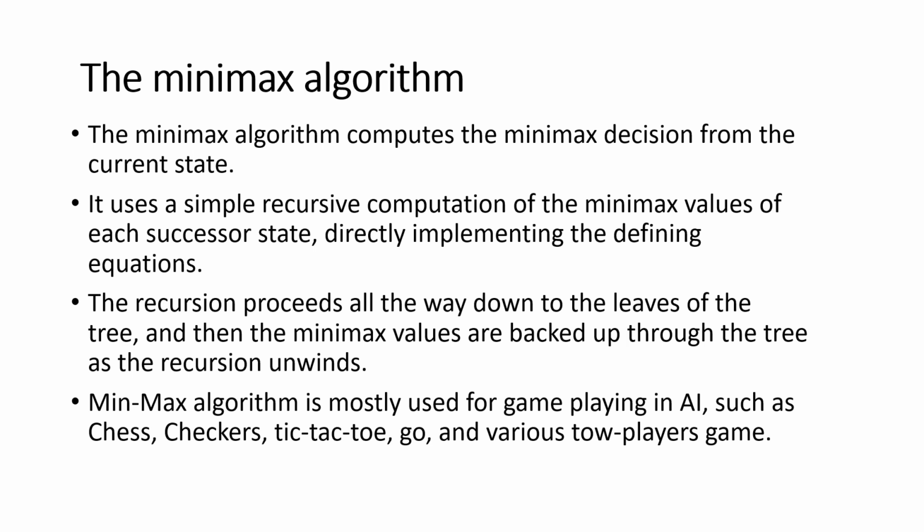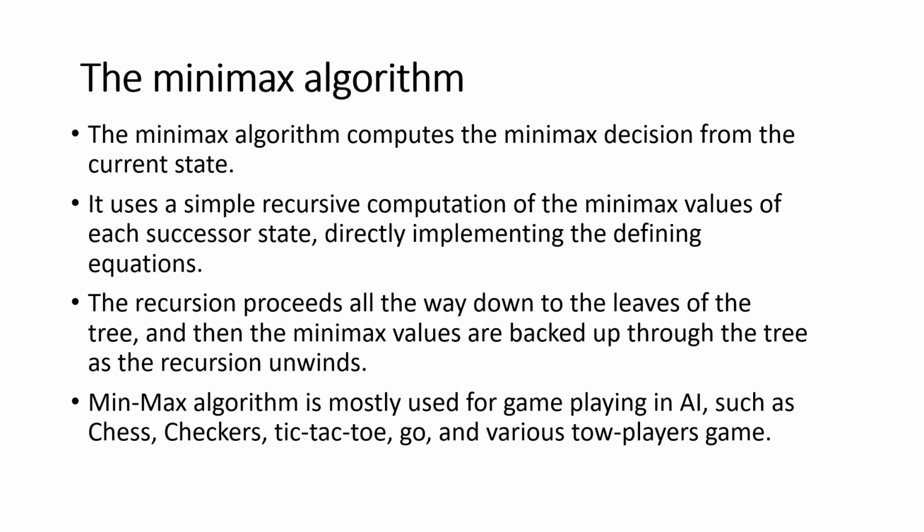Recursion goes down to the leaf nodes, and leaf nodes are the terminal nodes, where utility values are known. We have already seen the utility values, and min-max always goes to the bottom of the tree first. We already discussed the working: it always starts with the utility values of the terminal nodes.